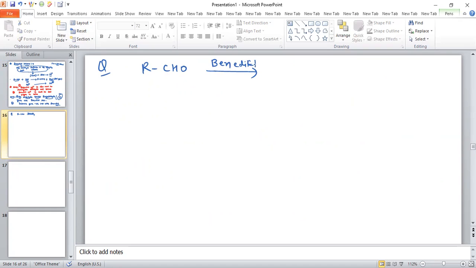So when Benedict solution is added, this aldehyde will oxidize into carboxylic acid. In Benedict solution there is Cu2+ ion, so this Cu2+ ion will reduce into Cu2O, which is the cuprous compound. So the aldehyde gives a positive test.